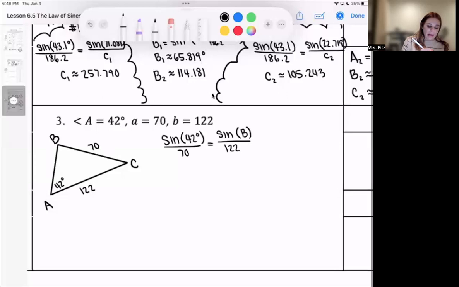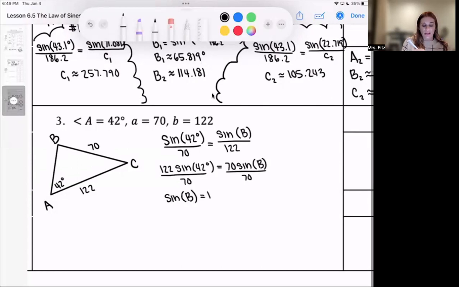Cross multiply, we get 122 sine of 42 degrees equals 70 times sine of b. Divide by 70, and we end up with sine of b is equal to 122 sine of 42 degrees over 70. Now let's punch this into a calculator.